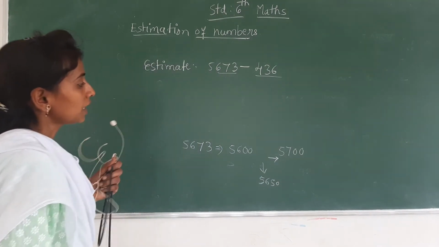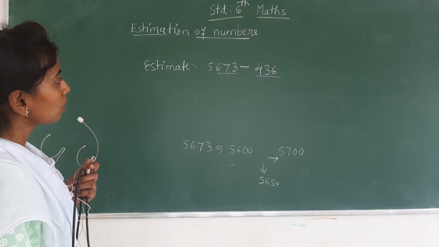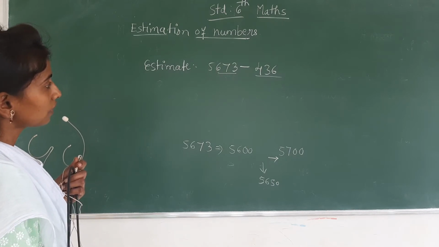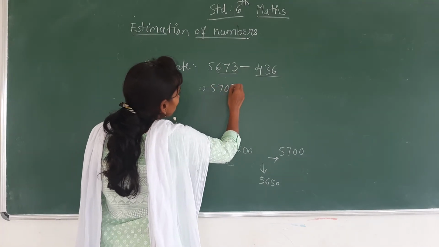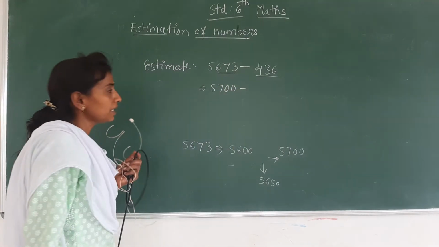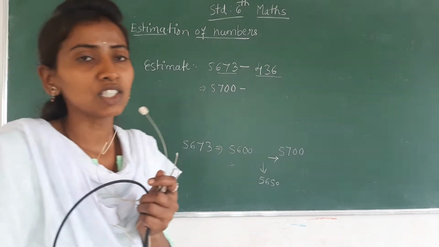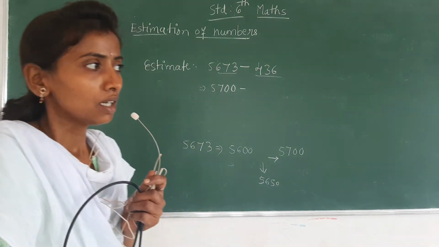Means the estimated hundreds place value of 5673 is 5700. Minus the other number, 436.